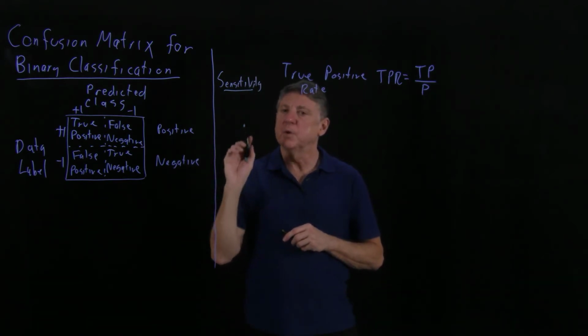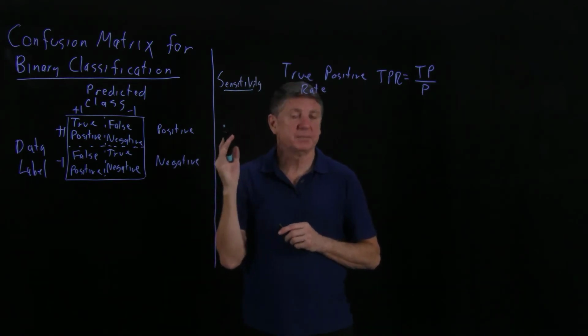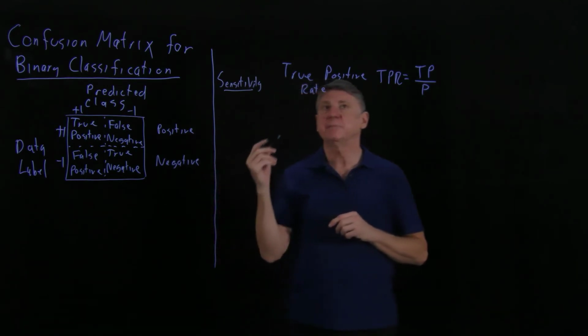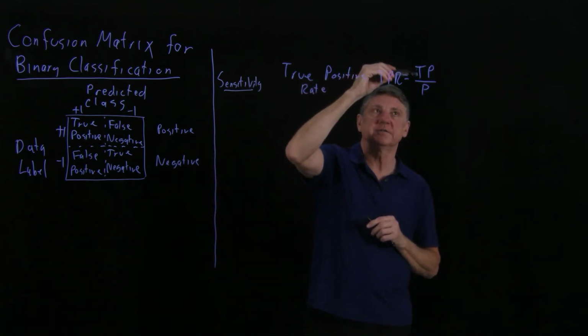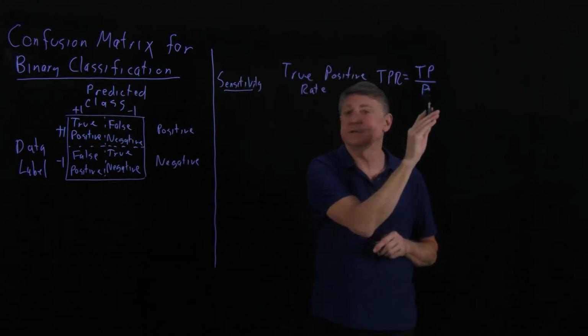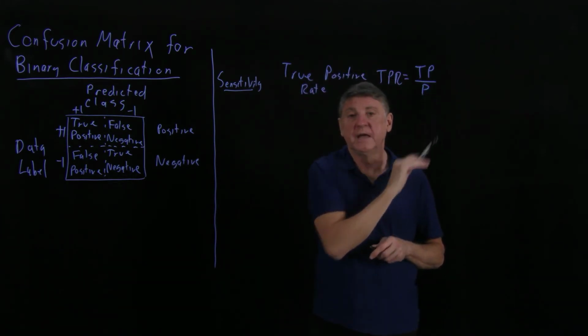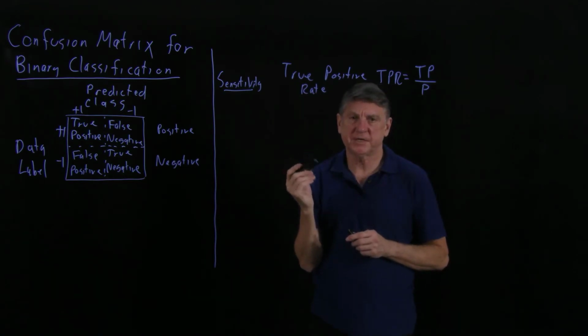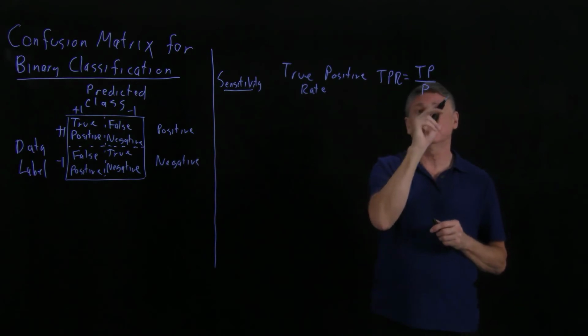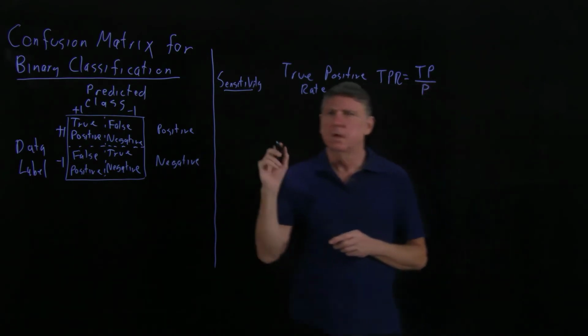So when you read about, for example, a diagnostic test having a high sensitivity, that means that the number of true positives divided by the number of positives is very high. So this number is going to be bounded between 0 and 1, and it's often represented as a percentage rate. So this is also called the hit rate or the recall.